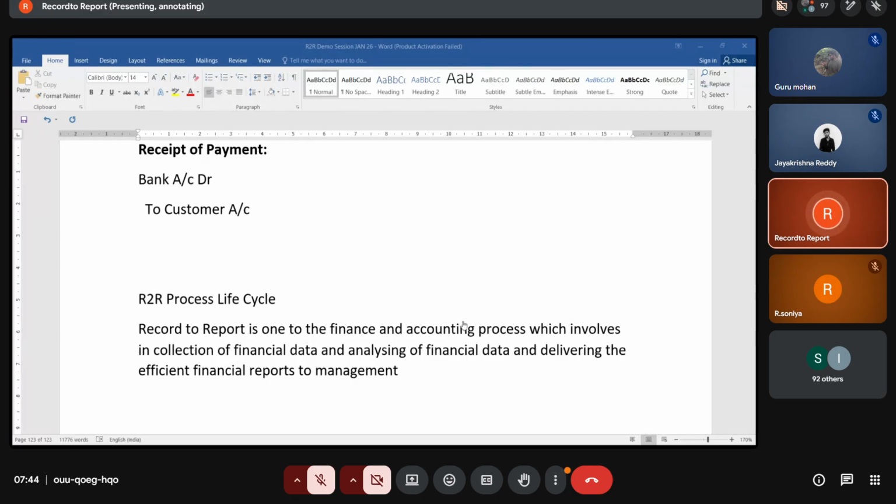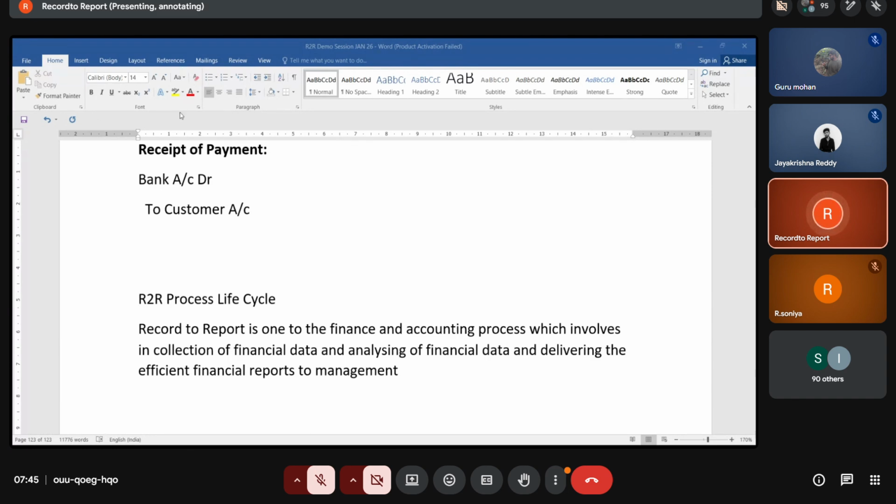From whom is the data collected? The data will be collected from subledger systems like AP, AR, P2P, O2C. So once the data is collected, what is the process that will be followed?